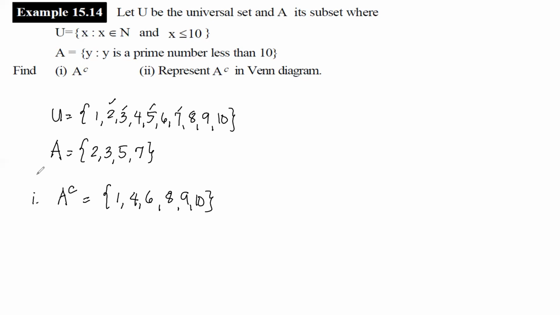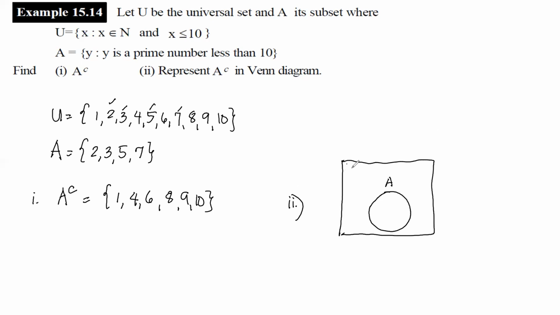Then represent A complement in a Venn diagram. Since A is only a subset of the universe, you only have one circle. That is A, and this is the universal set.